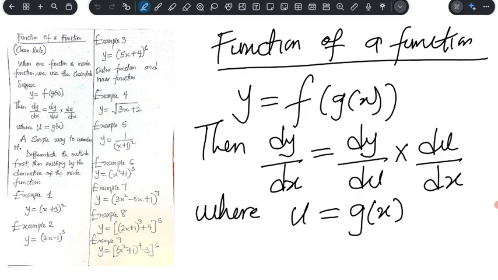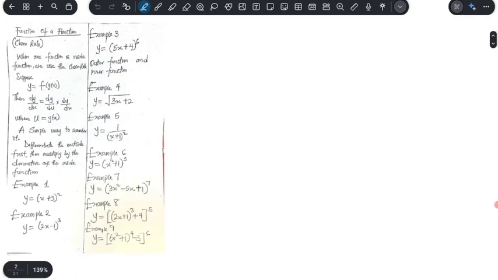A simple way to remember it: differentiate the outside first, then multiply by the derivative of the inside function. So let's have an example that will give us meaningful steps.